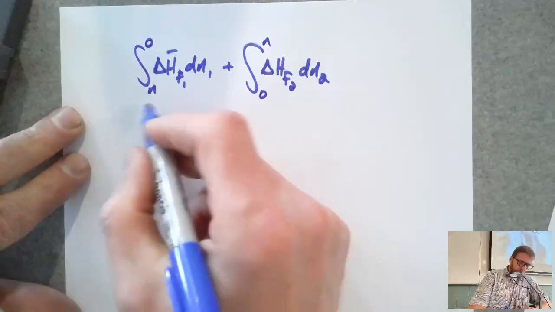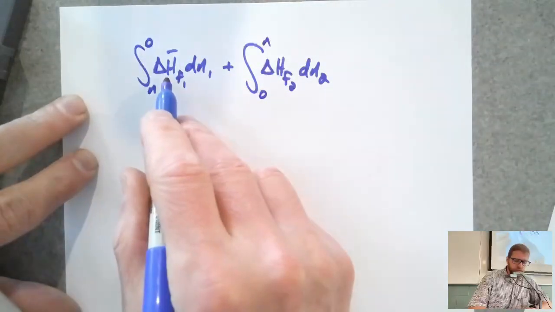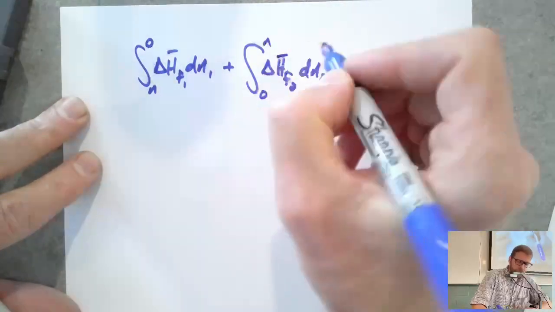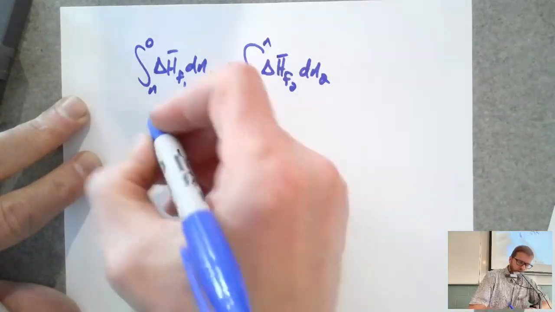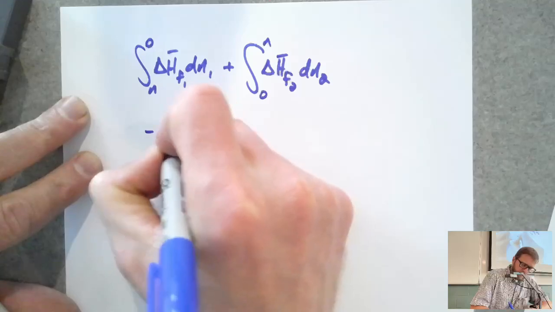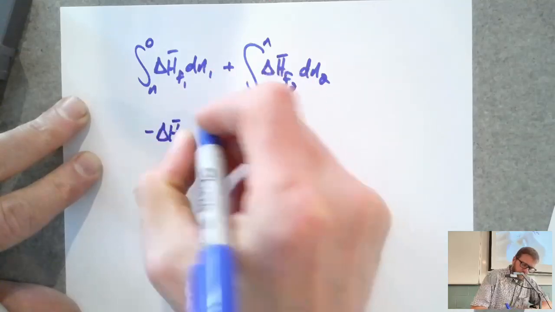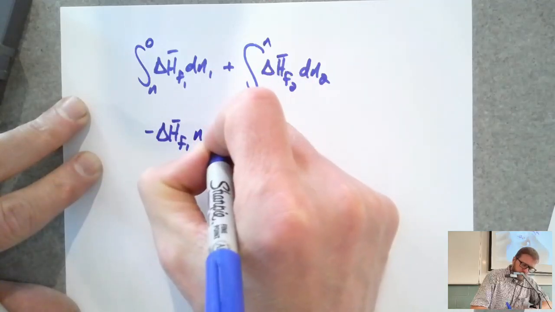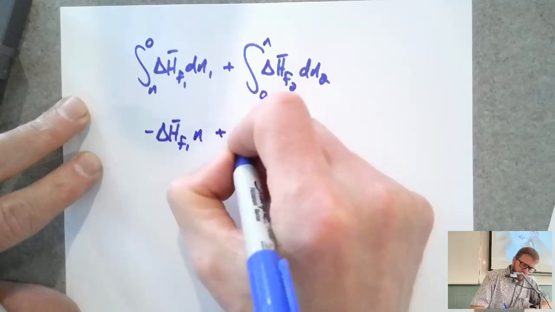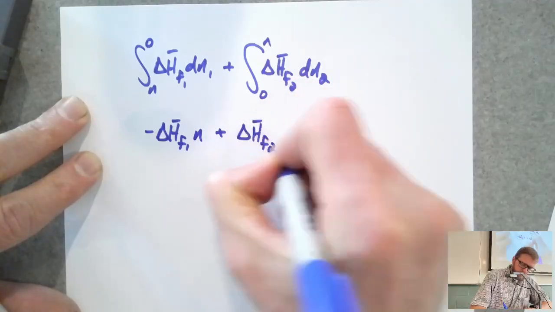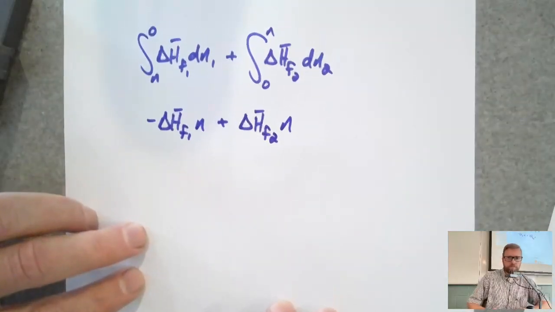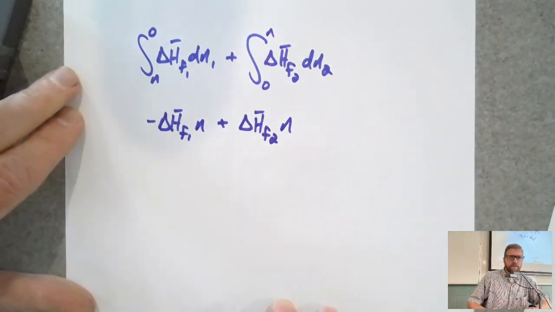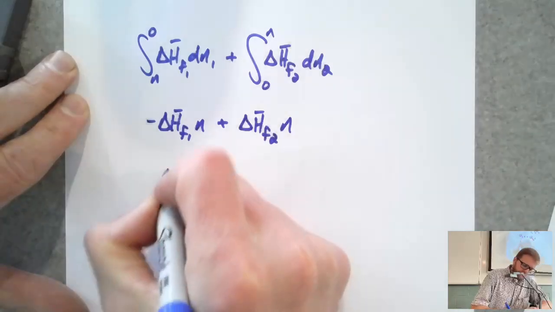So if I go ahead and integrate this stuff, right, because my delta h's, they come out of the integral. So this is just negative delta h of formation 1 times n plus delta h of formation 2 times n. Or I can factor my n out.